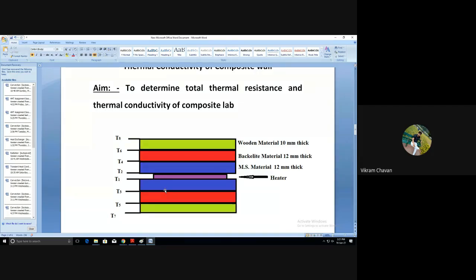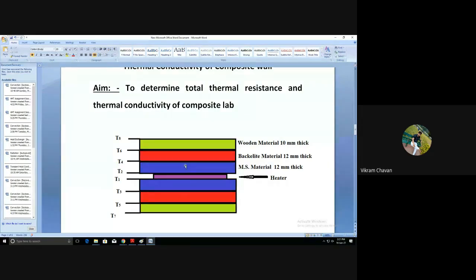For that reason, we have provided the same composite wall configuration on both sides, and we are assuming that half of the heat is transferred by the heater in the upward direction and half in the downward direction.